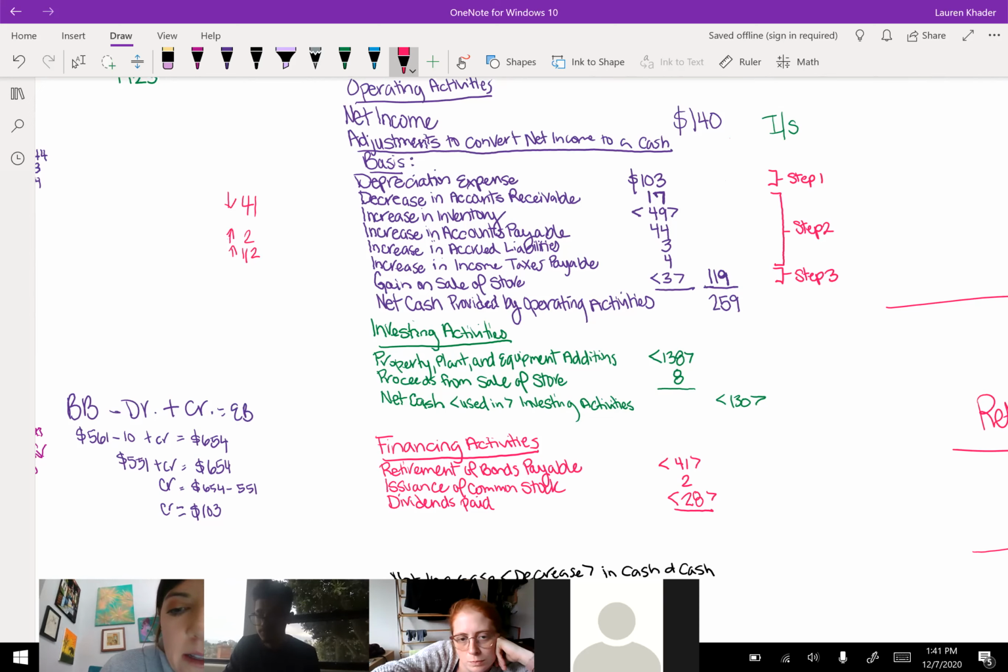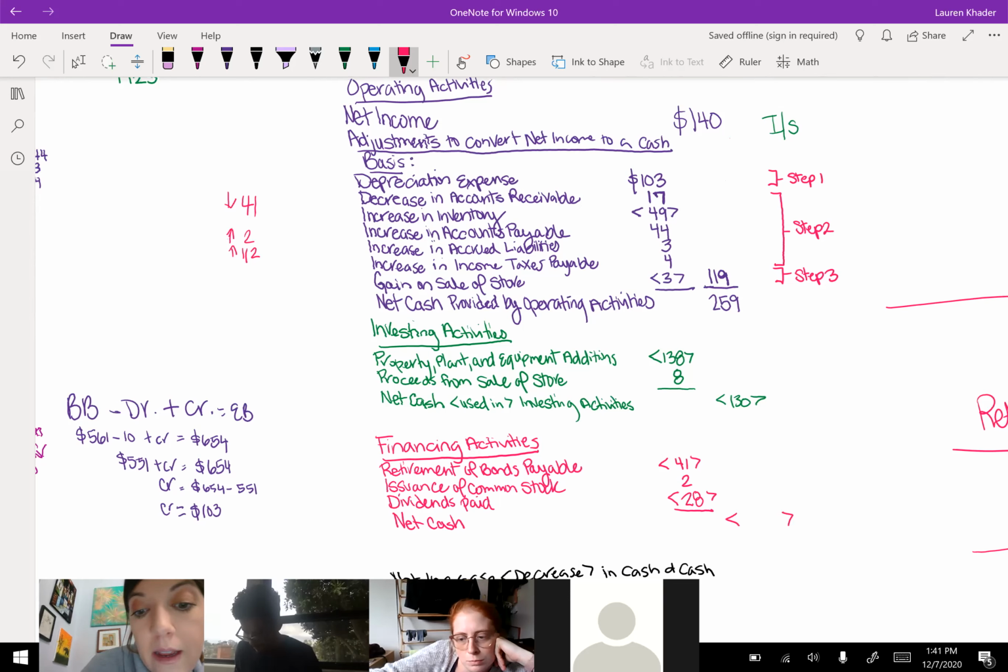And we're going to net these amounts here. Net cash. And is it going to be positive or negative? We have 2 negative numbers and 1 positive number. It's going to be negative. And how much is it going to be negative by? So go down a space in the outer column.